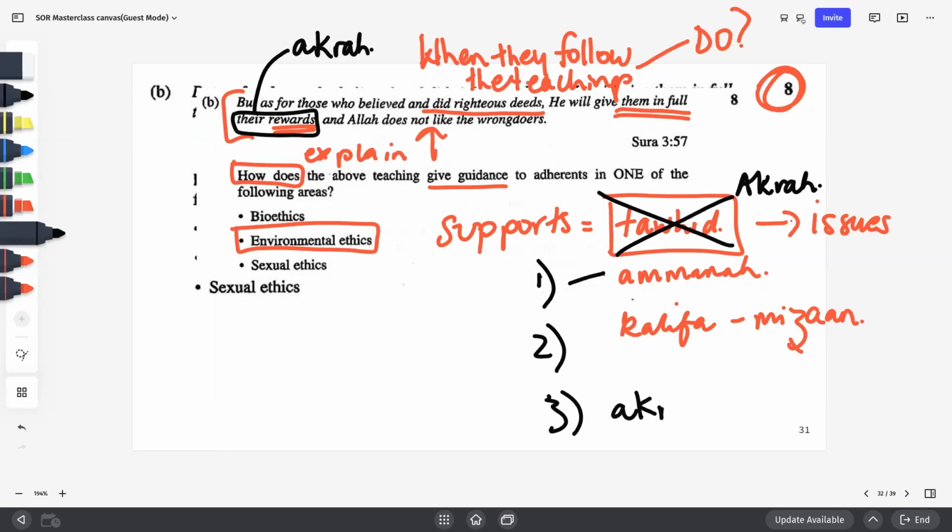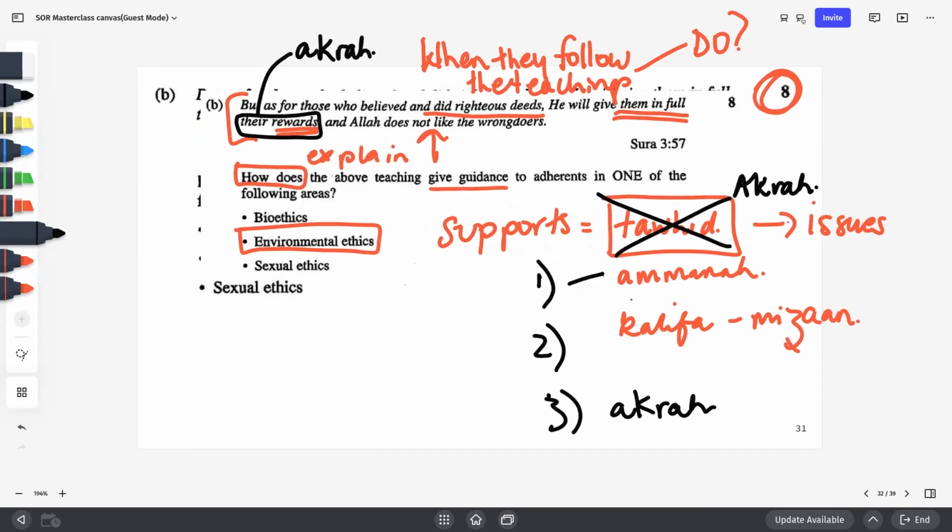And on the Day of Judgment, a Muslim will be held to account for how they have exercised this gift from Allah to take care of the environment. And if they have exercised that duty well, then Allah will give them their full rewards. So if that makes sense.